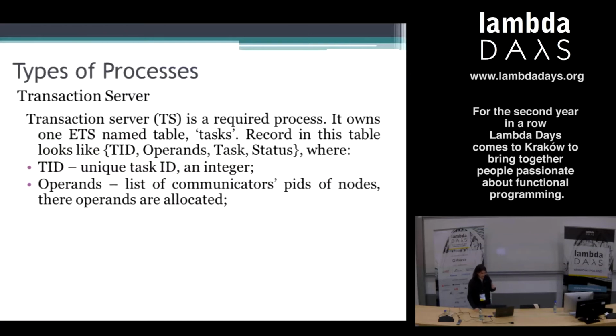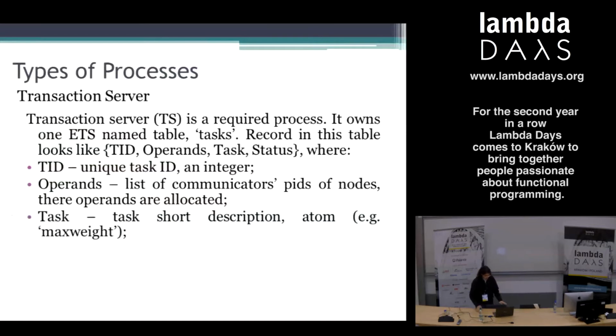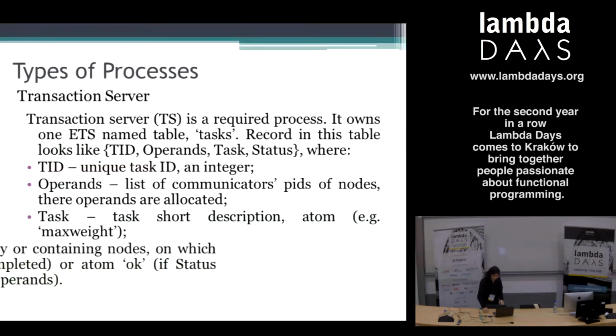Operands, it's a list of communicator speeds of nodes where operands are allocated. But we have one exception, it's for coarse-grained tasks, where you can address exact vertices, not only nodes. Task is the task's short description, you'll see it as an example giving max weight.